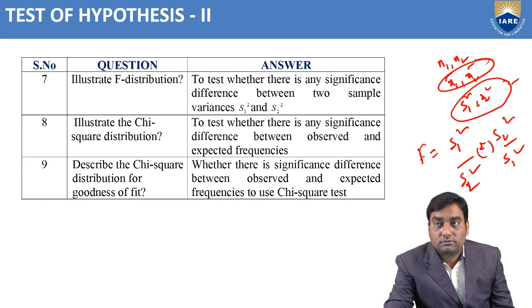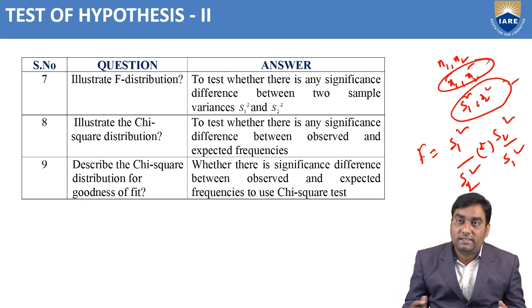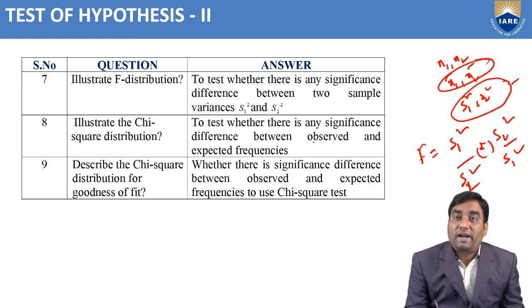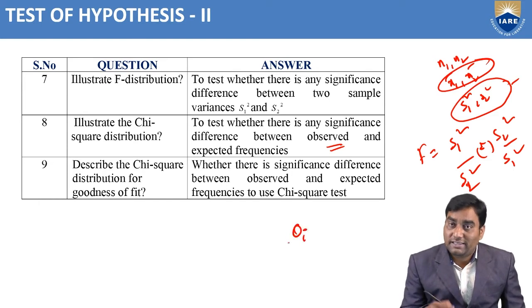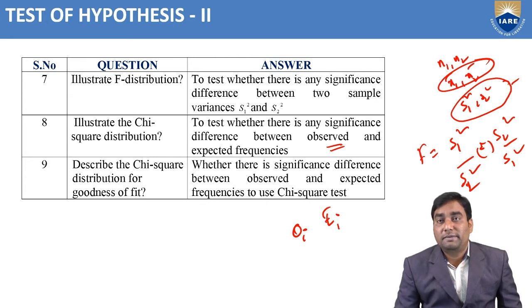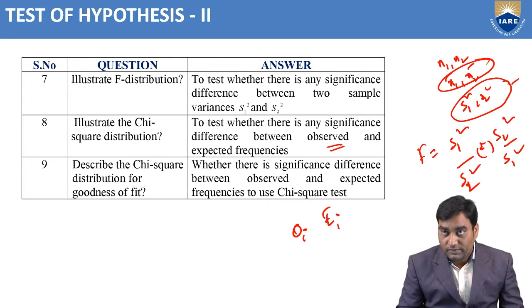Got my point? Now, chi-square distribution, we are going to verify whether there is any difference between frequencies: observed frequencies, that means given frequencies, and expected frequencies, that means calculated frequencies. Is there any difference between observed and expected frequencies?